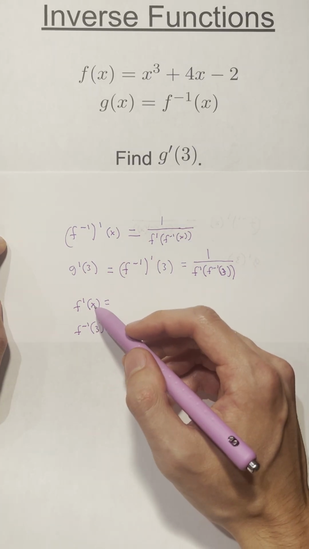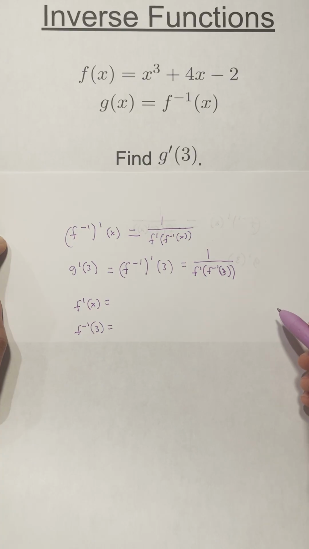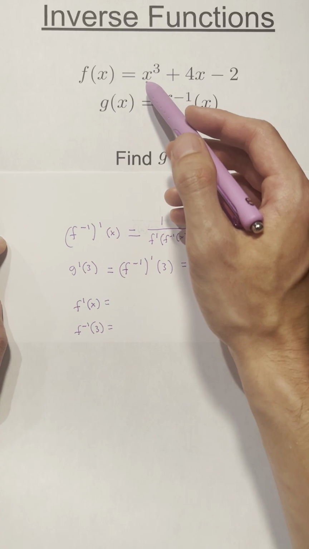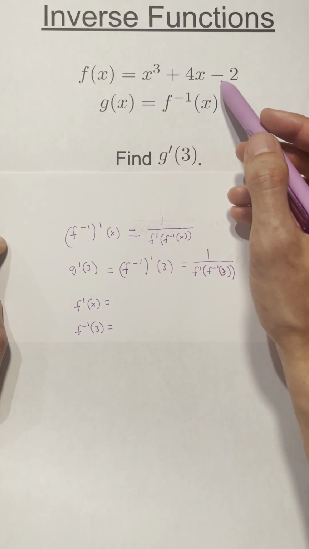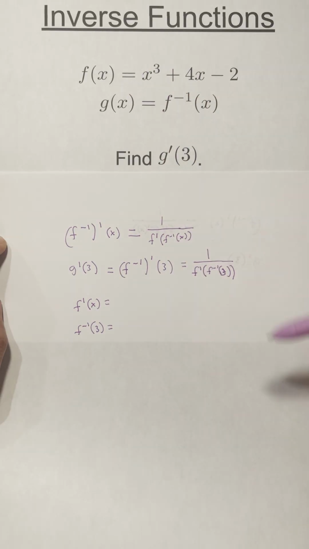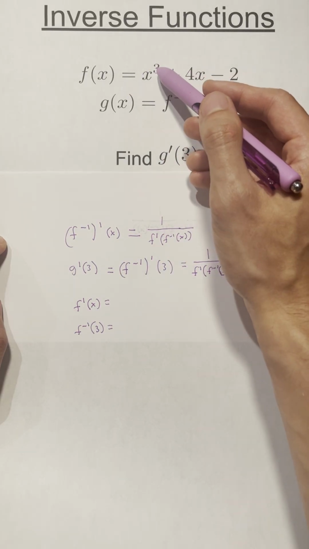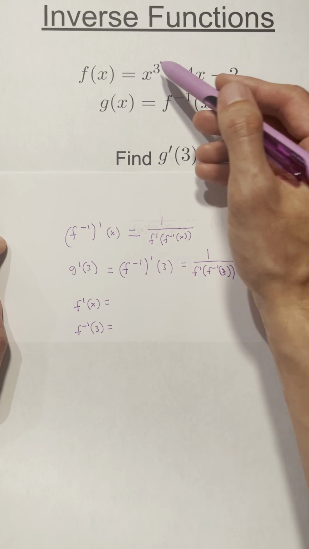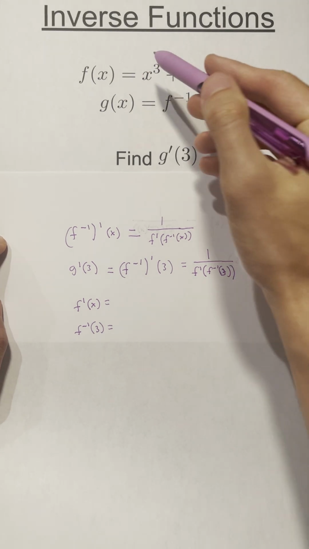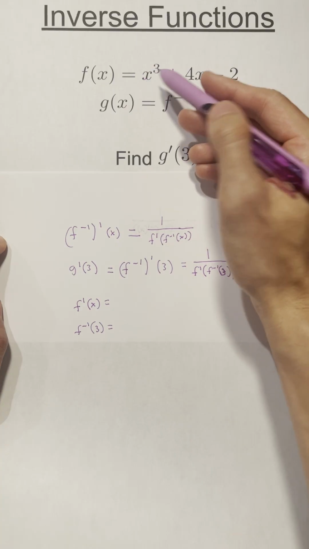What's f prime of x? So we've got f of x is equal to x cubed plus 4x minus 2. How do we find the derivative here? Well, what's the derivative of x cubed? What do I need to do with the 3? I need to move it in front of the x.